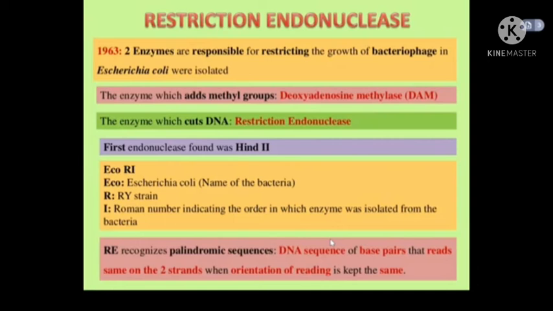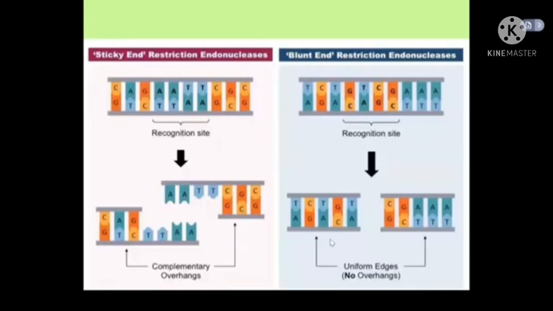So that way of arrangement is called palindromic sequences. So the restriction endonuclease you are using will identify these sites, and they will cut the DNA at these sites.